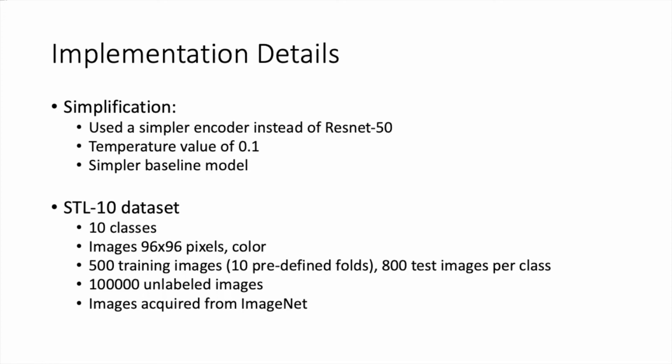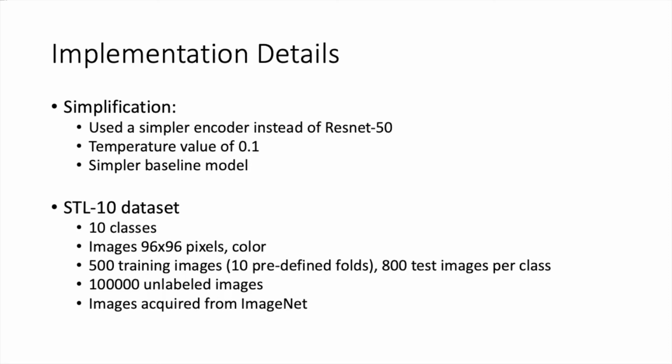This dataset was partly inspired by CIFAR10. It again has just 10 classes. The images are 96 by 96 pixels and are all color images, so the data is a bit more complex compared to the original CIFAR data, which was only 32 by 32 pixels. We have 500 training images and 800 test images per class.